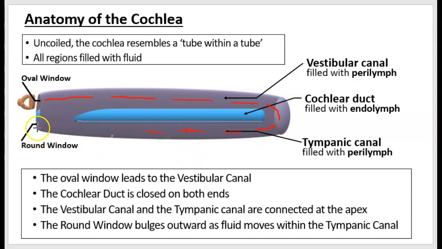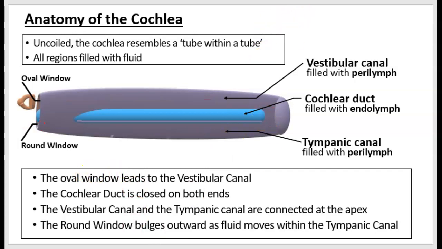The tympanic canal is continuous with the round window, and so when fluid in the tympanic canal moves, this round window will bulge into the middle ear. It'll bulge to the left.